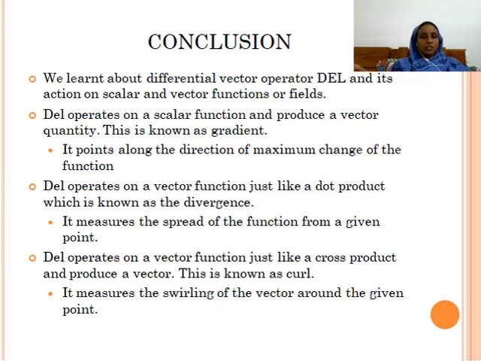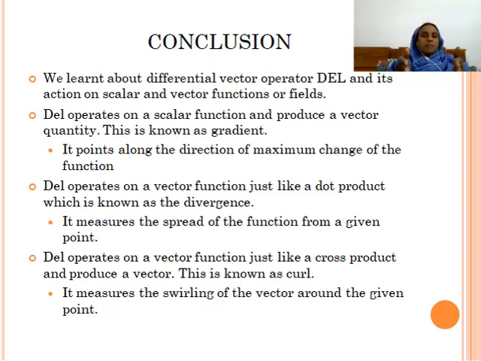This operation is called gradient. What is its meaning? The gradient points along the direction of maximum change of the function, and its magnitude gives us the slope of the function along the direction of its maximal change.